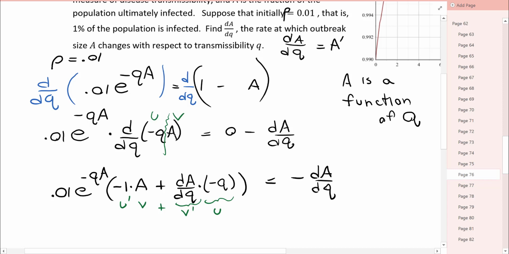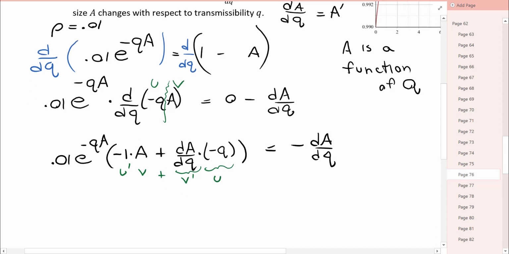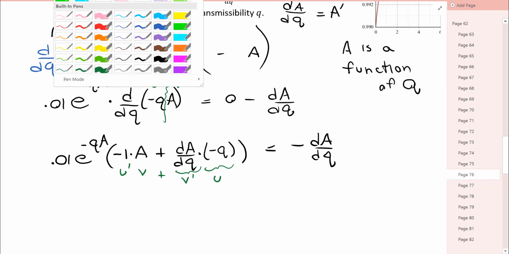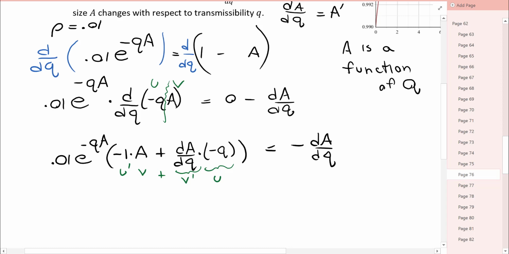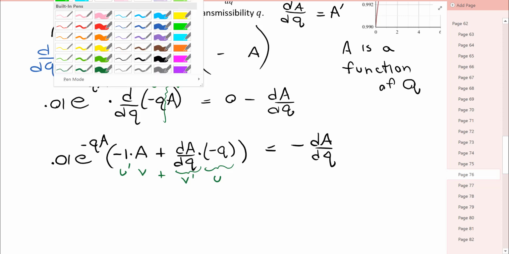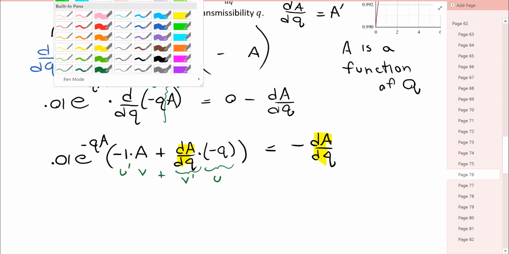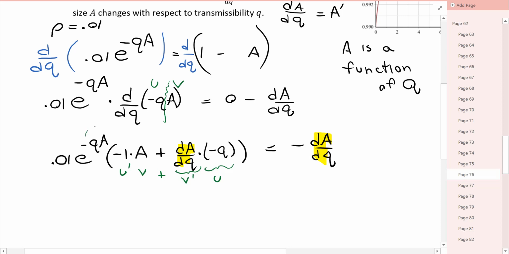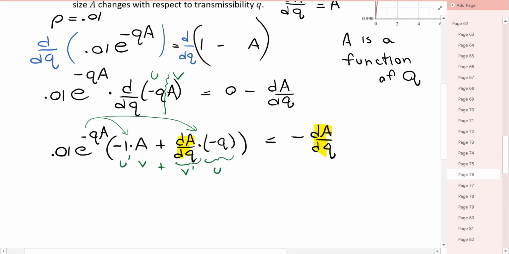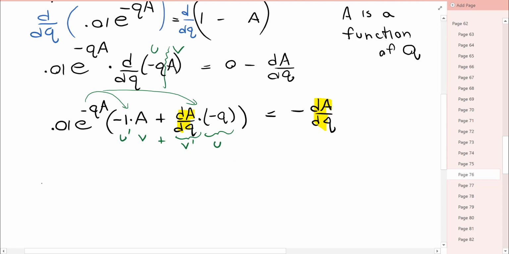You could just call it a prime if you wanted, okay? Right? I just started calling it dA dq, so I thought I'd keep up with that. Okay, so we've got the dA dq here and here. So I think I'm going to distribute this so that to facilitate getting both the dA dq's on one side.